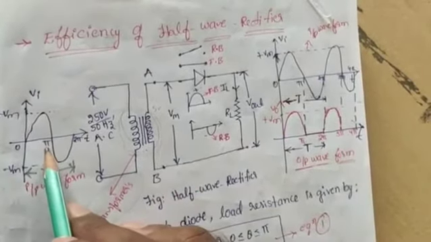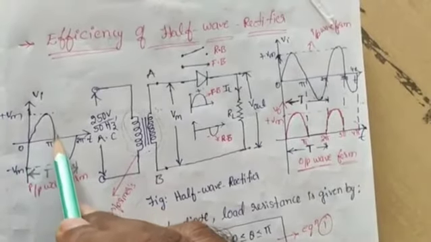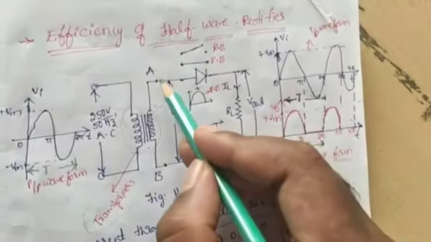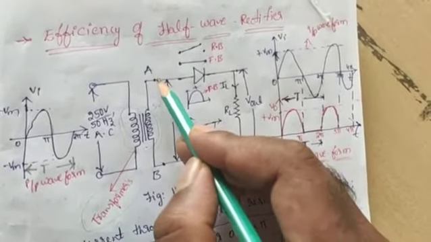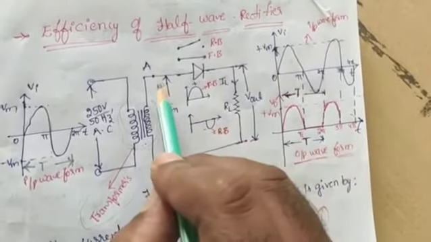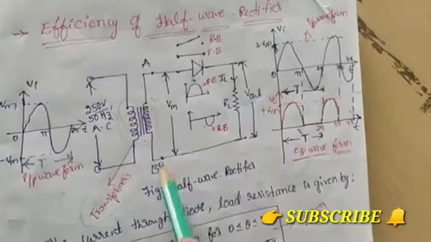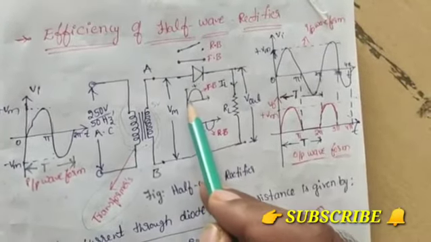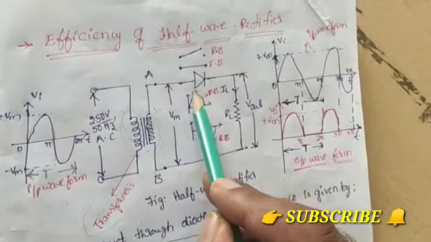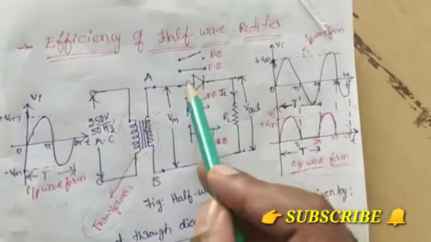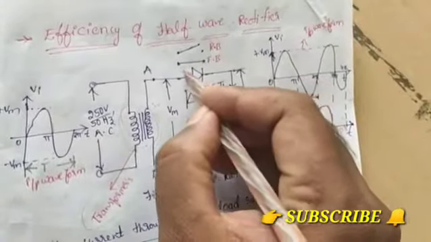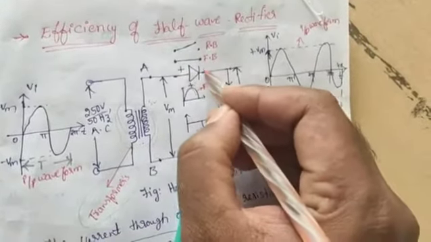When we apply the positive peak signal, for our understanding we can represent the A and B terminals. When we apply the positive peak signal, the signal is positive, and this diode has a positive terminal and a negative terminal.